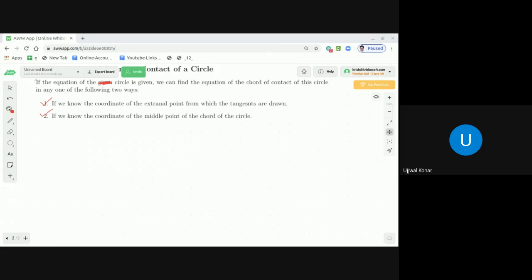So let us first visualize this case and then follow with its explanation. If we visualize this case, it will be something like this.